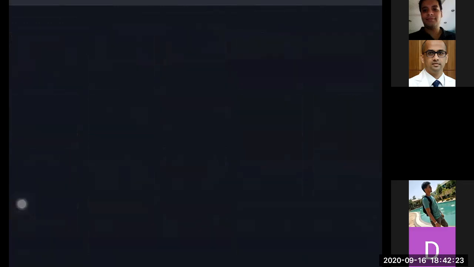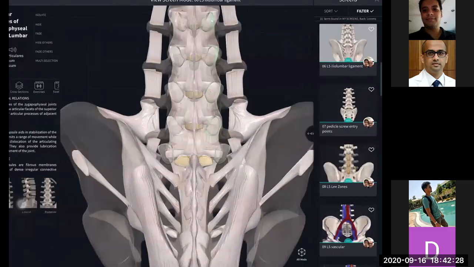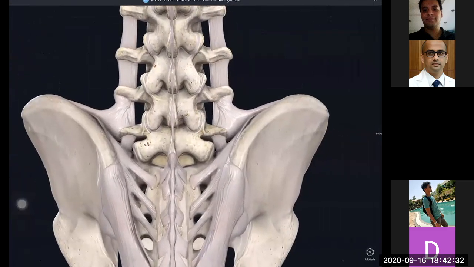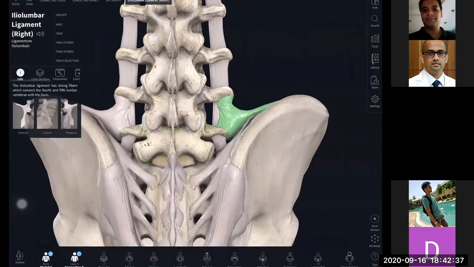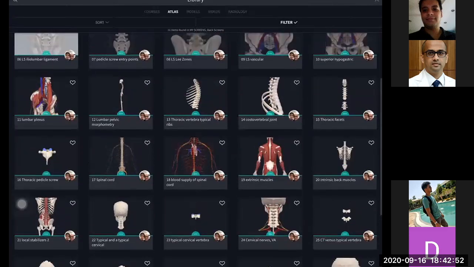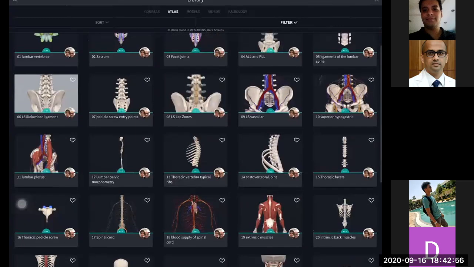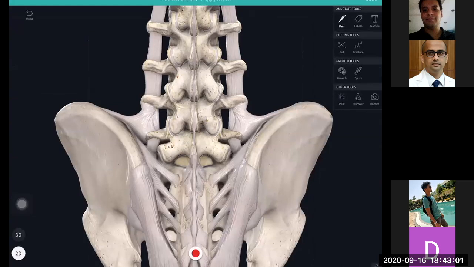So this is another diagram that I want you to remember. It's the unique ligamentous attachment of the L5 vertebral body. So this is the L5 vertebral body, and you can see these very strong ligaments on either side of the L5 vertebra, called the iliolumbar ligament. The iliolumbar ligament connects the L5 transverse process to the ilium.